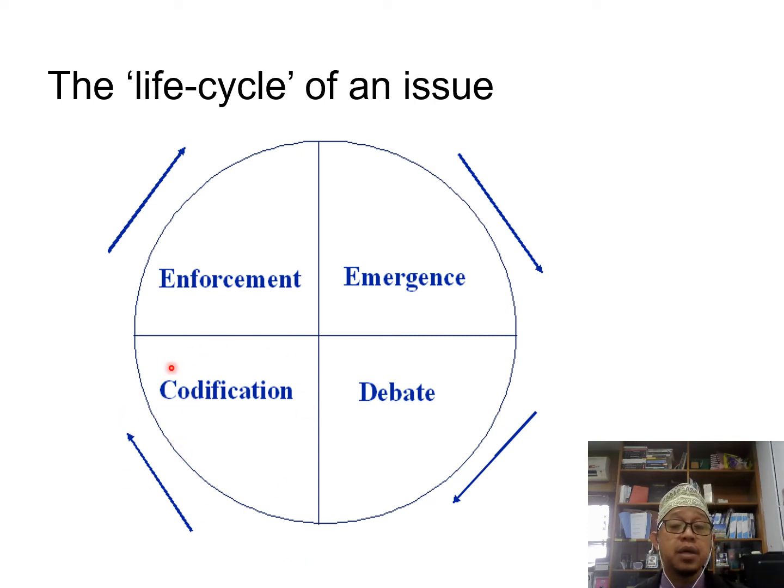Maybe it means that they endorse the issue, and they urge certain parties to take immediate action on the issue, and then finally this is where they come to the consensus, they come to the agreement on the necessary action to be taken over the issue, and the enforcement will be put on, and they actually try to fix the situation. This is the life cycle of an issue.